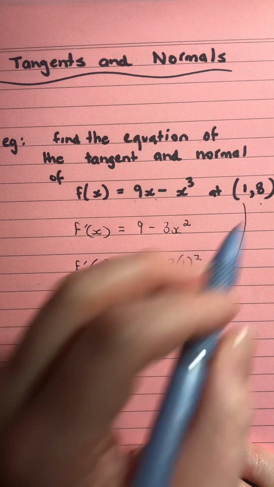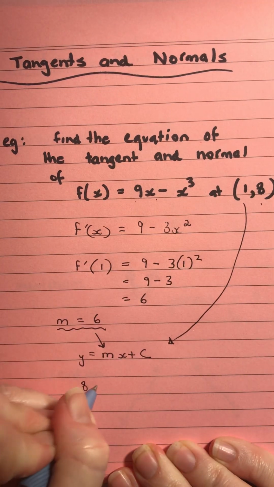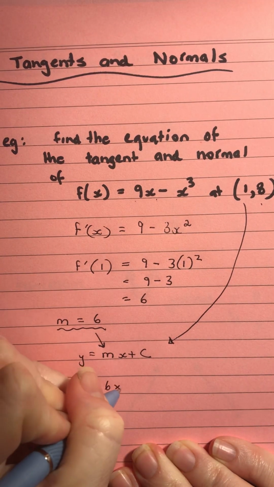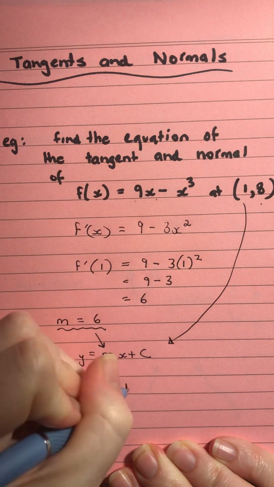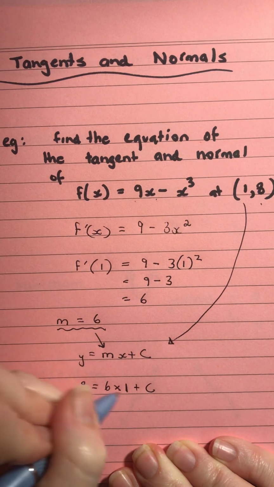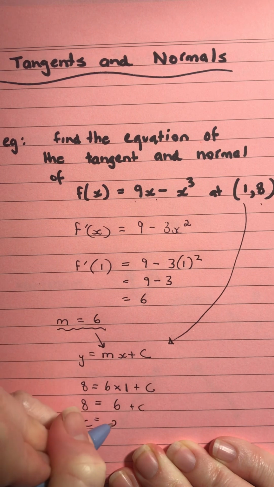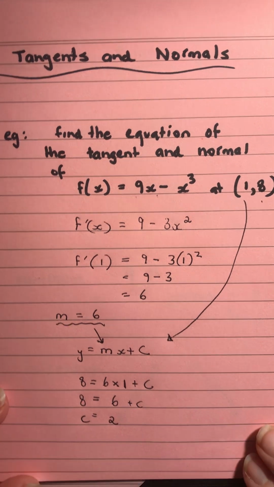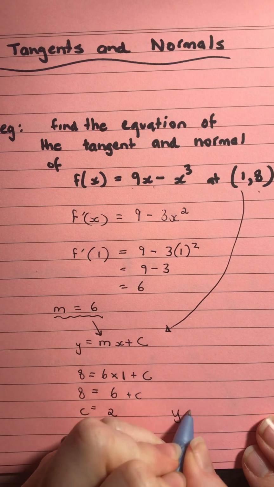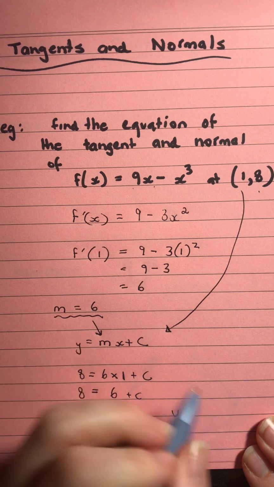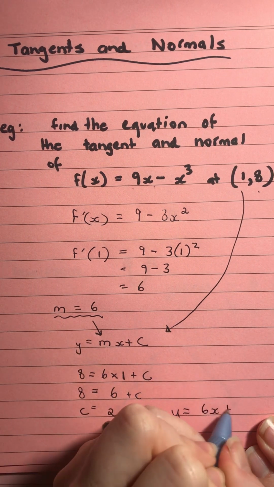So we put in our y value of 8, our m of 6, our x value of 1, and c. 6 times 1 is 6. We've got our 8, so that means our c value is 2. So our equation of the tangent line is going to be y equals 6x plus 2.